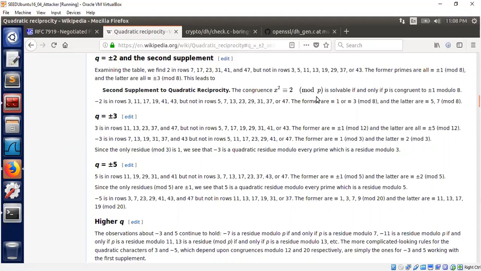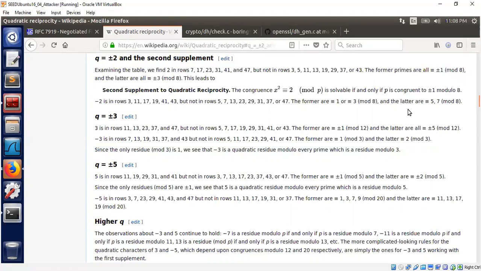We can talk about that later. But at this point, if P is a safe prime, and if this condition is violated, meaning P is not congruent to plus or minus 1 mod 8, then we know for sure that the number 2 is actually a generator of the entire group because it's not a quadratic residue.